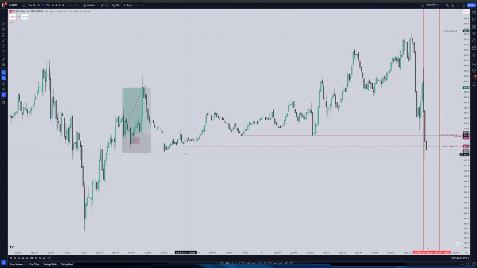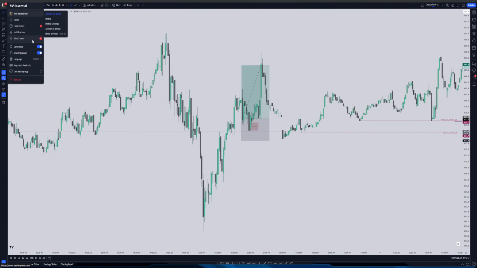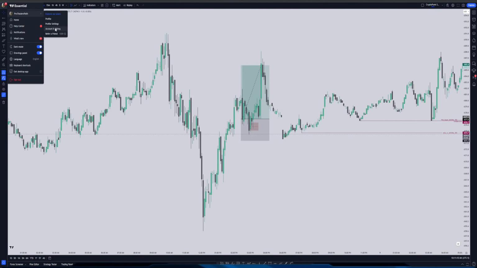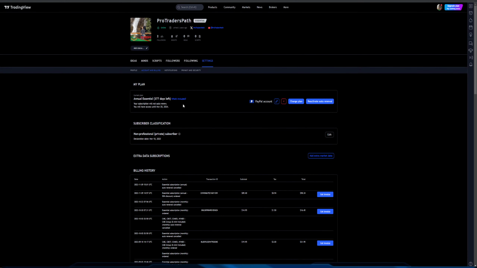Yeah, in 1 minute, since I'm using the, where is it, let's go to the account and billing, leave, yeah, let's leave this one. So that's the current plan that I'm using. I just have 377 days left with this current plan.